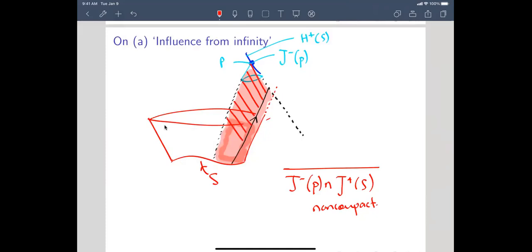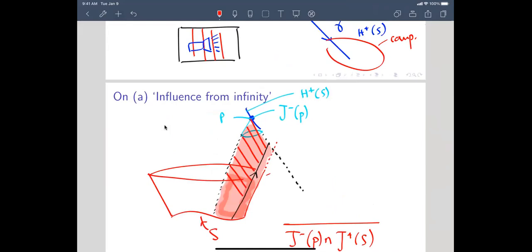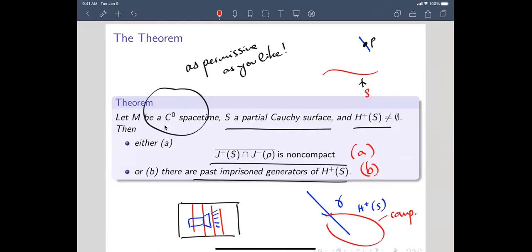But you can ask the question, what is the best you can do just from the macro picture? What's the most you can say about these Cauchy horizons? And what you get is this. Either there's a non-compactness of the form that you see in black hole interiors, or there's some causal strangeness.